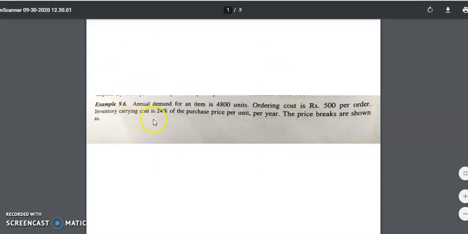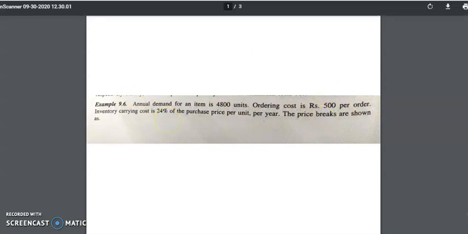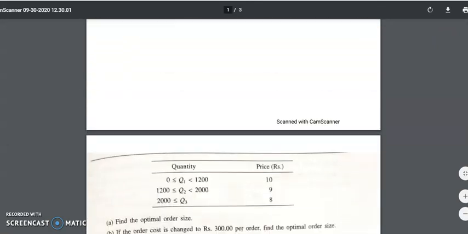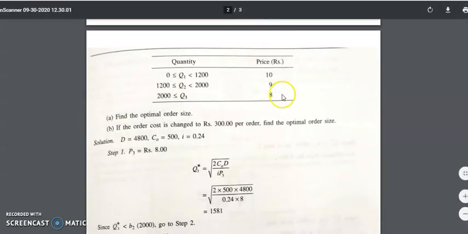Here there is one sum where the demand for an item is 4800 units, the ordering cost is 500 per order, and the inventory carrying cost is 24%, so it is 0.24. They have given price breaks, and as I said, there are three. This is the least price when items are ordered more than 2000.